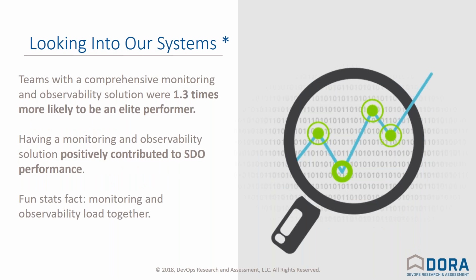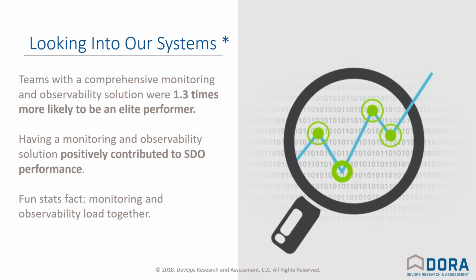Next slide. Looking into our systems. One of the goals was to look at both monitoring and observability, this nascent space. Nicole goes to lengths to point out that they load together, meaning there's really no differentiator between them; they go up and down together.